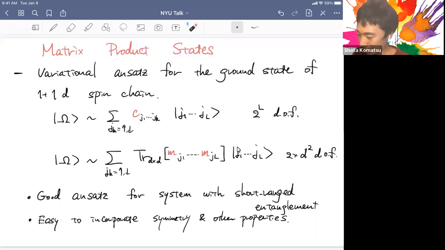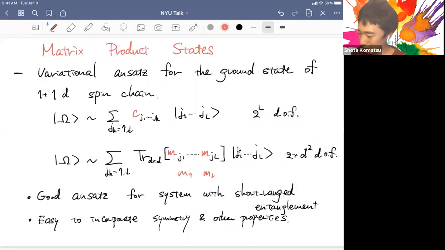On the other hand, there is an ansatz called a matrix product state, which takes this form. You choose some matrices, M up and M down, both of which are D times D, and then write down this kind of state. And then you vary the elements of these matrices.